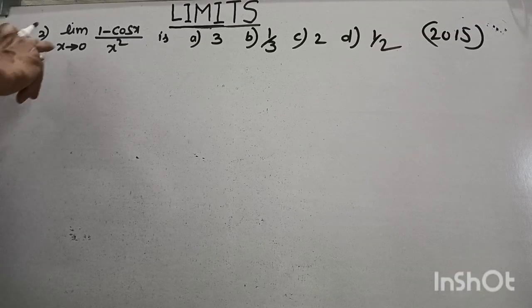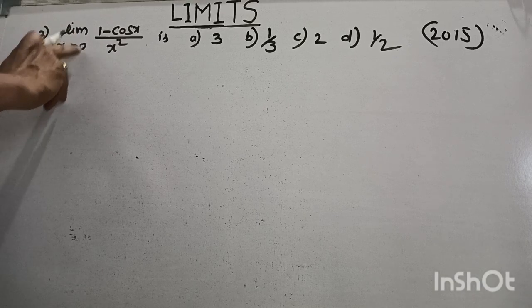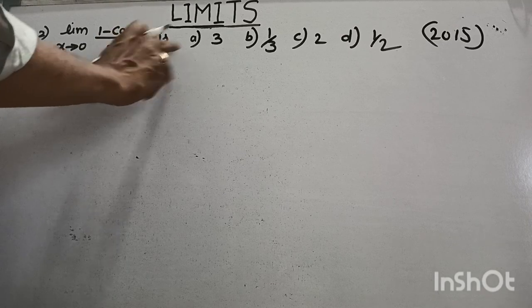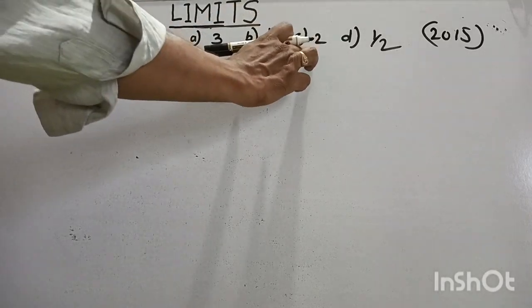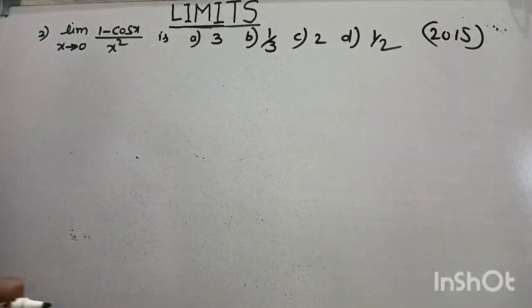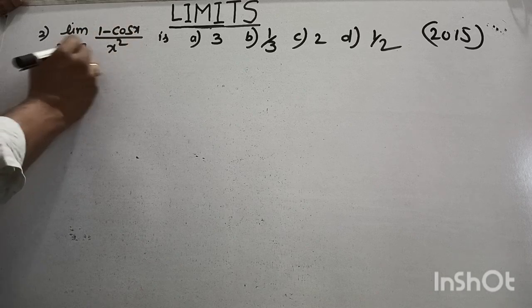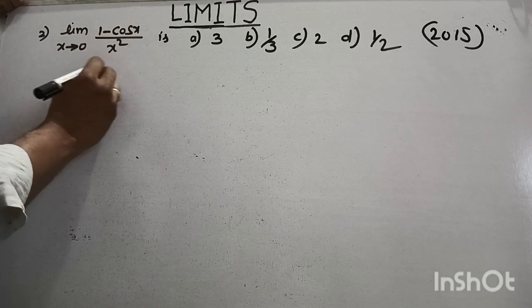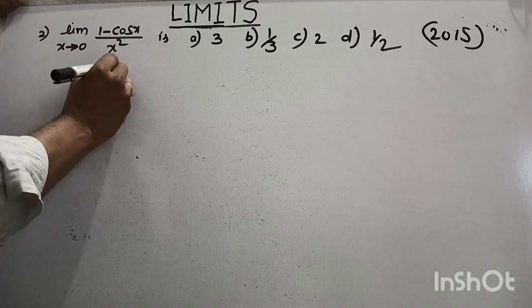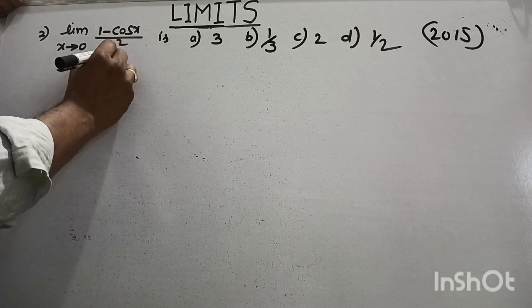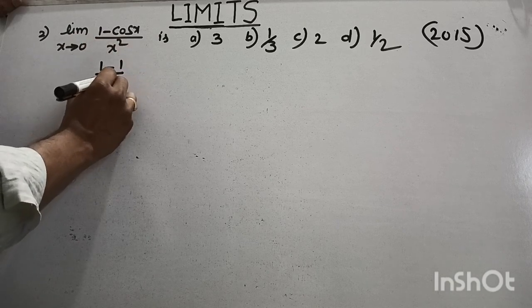Next problem: limit x tends to 0, (1 minus cos x) by x square is? Options are 3, 1 by 3, 2, 1 by 2, asked in KCET 2015. Here if we directly substitute the limit value x tends to 0, we get 1 minus cos 0 is 1 minus 1 is 0, divided by x square, 0 square is 0.